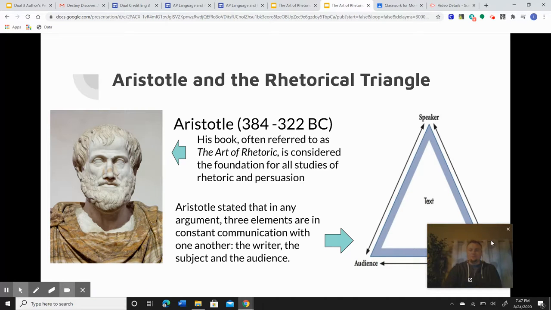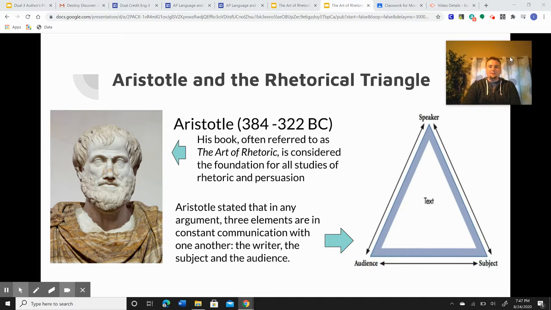All right, so Aristotle was really the first one to come up with this idea of the rhetorical triangle. His book, that's referred to as The Art of Rhetoric, is considered the foundation for all studies of rhetoric and persuasion. So with his triangle, you can see this doesn't have the traditional ethos, pathos, logos like you would think.